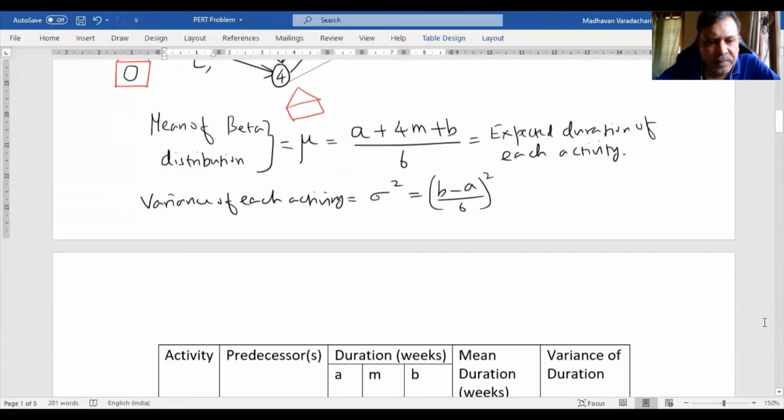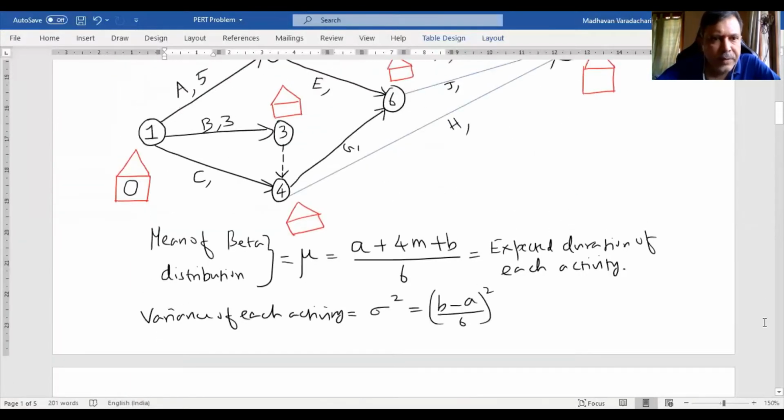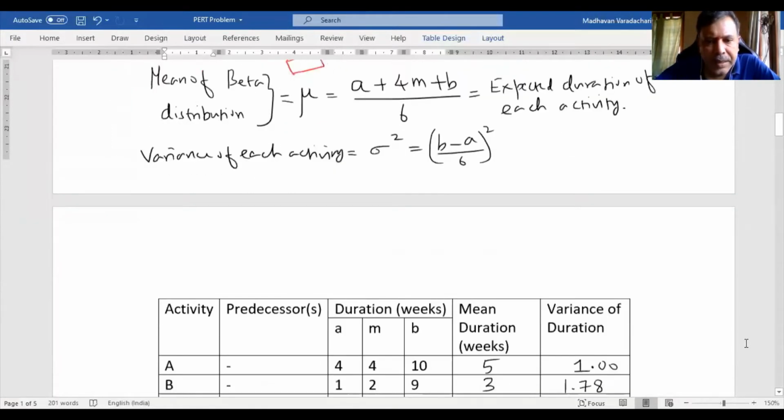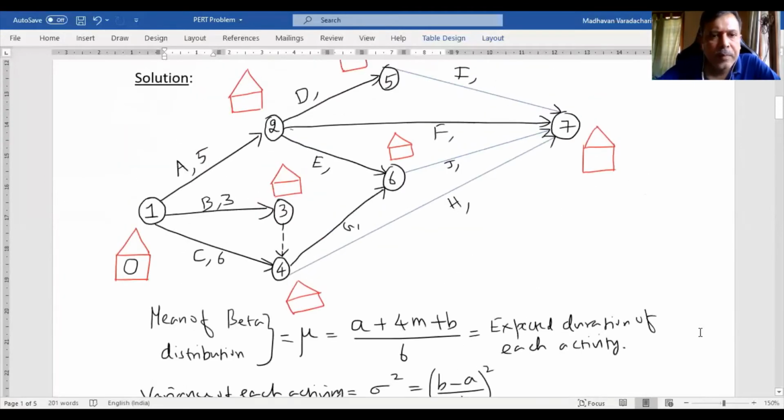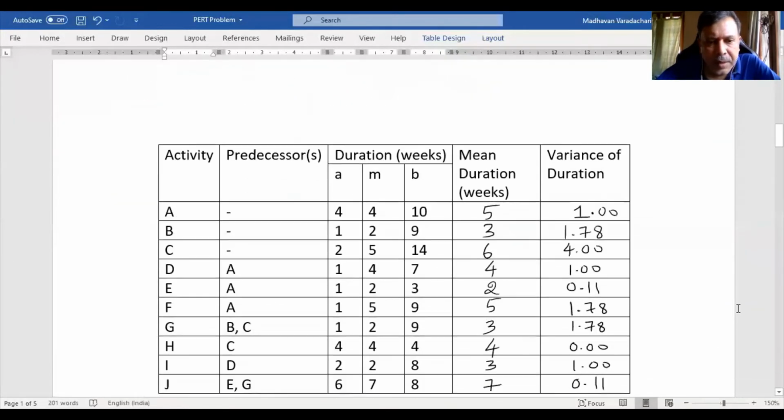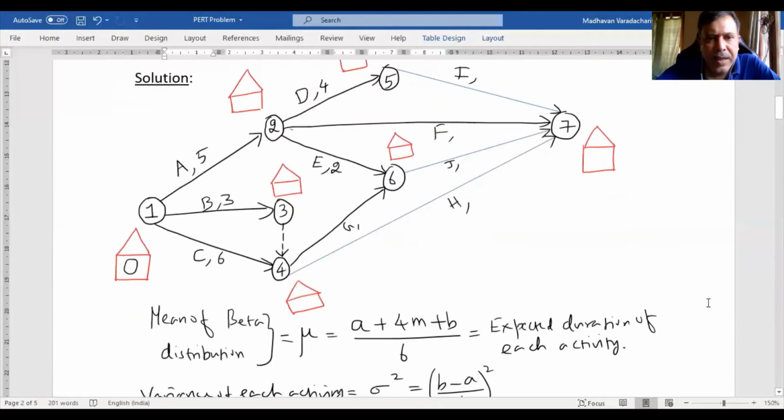Activity C, it is 6 weeks. Activity D is 4, E is 2. Then activity F is 5, G is 3.